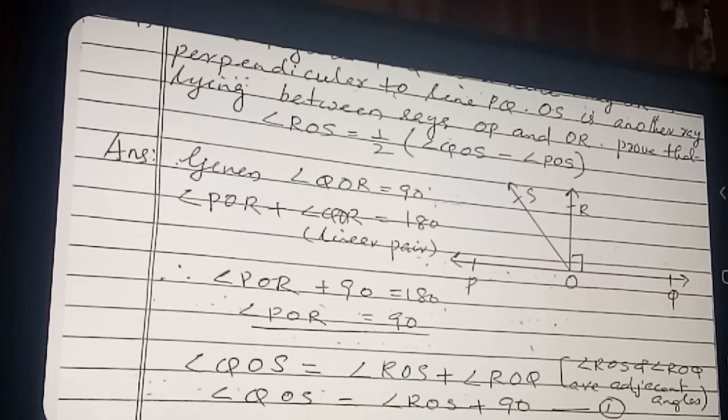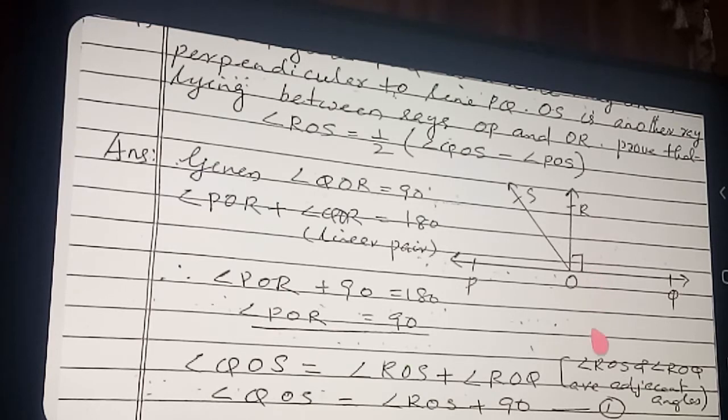So QOS is the union of two angles, so we can add them. QOS is equal to angle ROS plus angle ROQ.